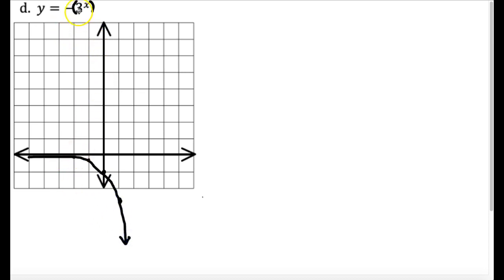If you remember back to our transformations section, if we had a negative out in front, that reflects our graph across the x-axis. So if we're starting with the graph of y equals 3 to the x, and I throw a negative sign out front, I'm just going to reflect that across the x-axis.